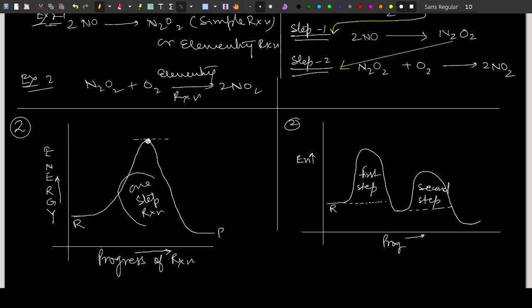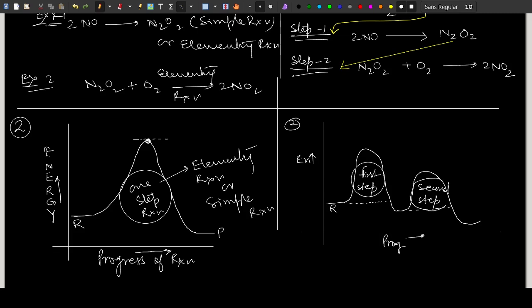Since this is a one step reaction, we can say this is the graph of an elementary or simple reaction. Here in this case, there are two steps, so we can say due to these two steps, it is the graph of a complex reaction.